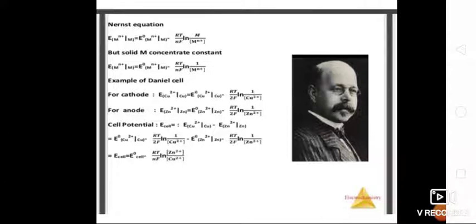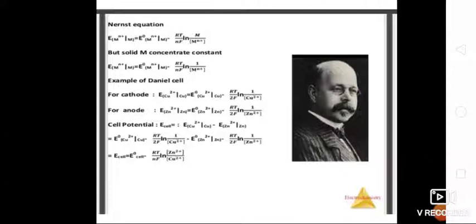Nernst equation for the electrode reaction. The electromotive force of the electrode reaction is equal to the standard electromotive force of the electrode reaction minus RT upon nF ln [M] upon [Mn+] concentration.